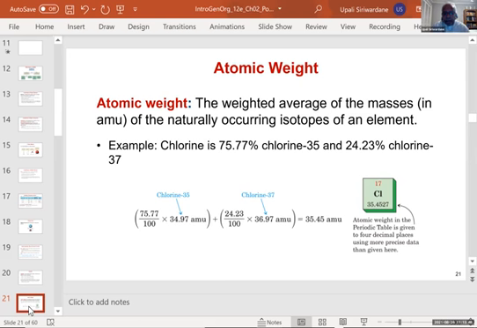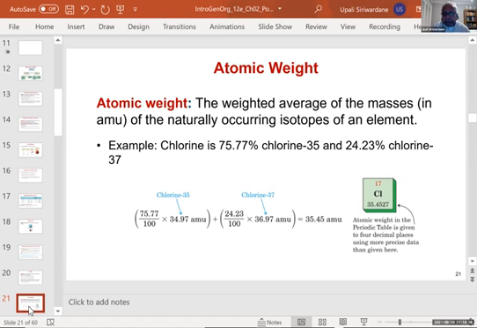It's very close to a whole number, but there are specific numbers, multiplied by abundance. For chlorine 35, it is 75.77 divided by 100 multiplied by the isotopic mass, plus the abundance of chlorine 37 divided by 100 multiplied by its isotopic mass.